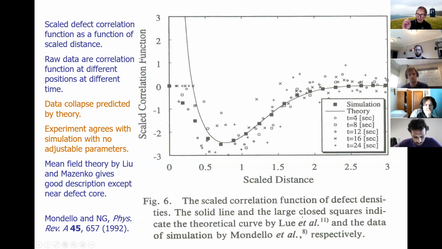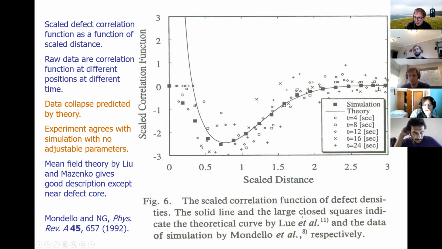Just like the neutron scattering data on the copper manganese alloy was looking at the correlation function as a function of wave number at different times, and when scaled in the right way, all the data collapsed onto one universal curve.